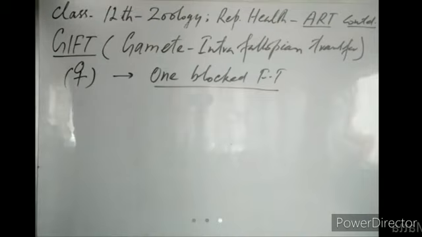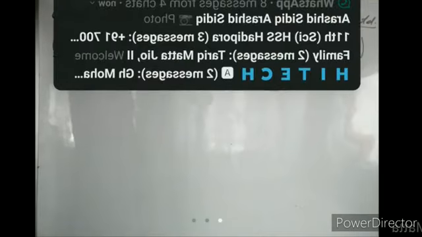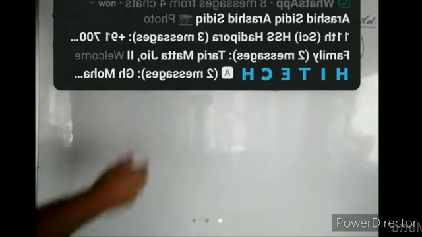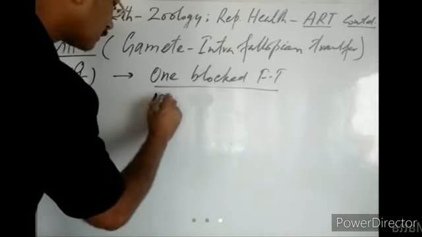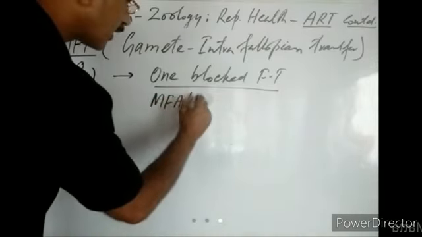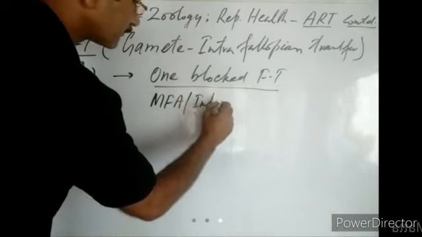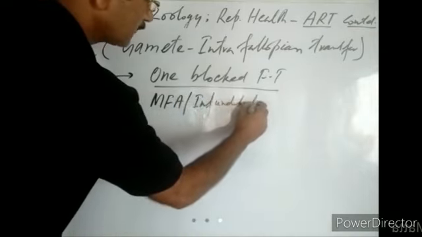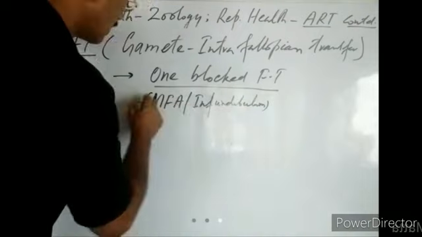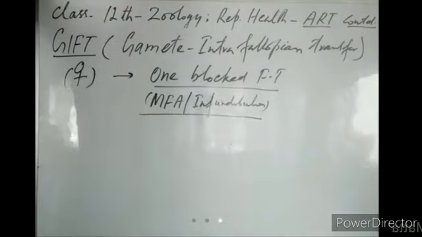If one fallopian tube is blocked, then the chances of fertilization are very much minimized, right? Or a female may have a malformed ampulla or malformed infundibulum. If the ampulla or infundibulum of the fallopian tube is not functioning normally, the female may suffer from infertility.